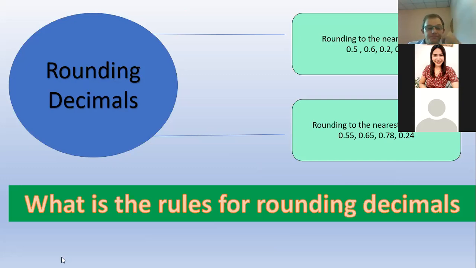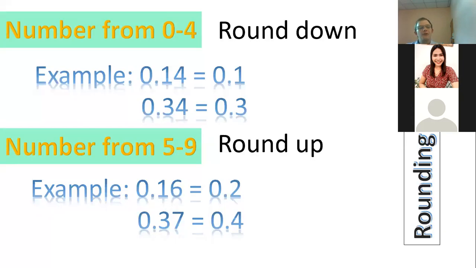Let me explain. What are the rules for rounding decimals? These rules are also for rounding other numbers. First things first. If we have a decimal number, take our example here, 0.14 is an example of a decimal.